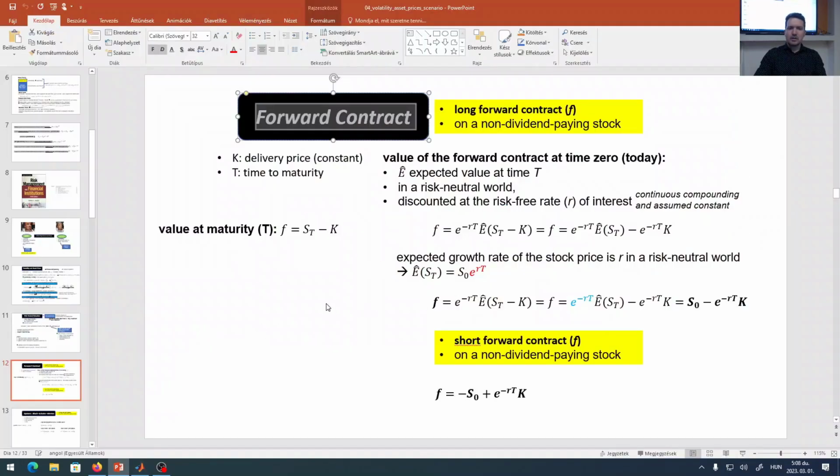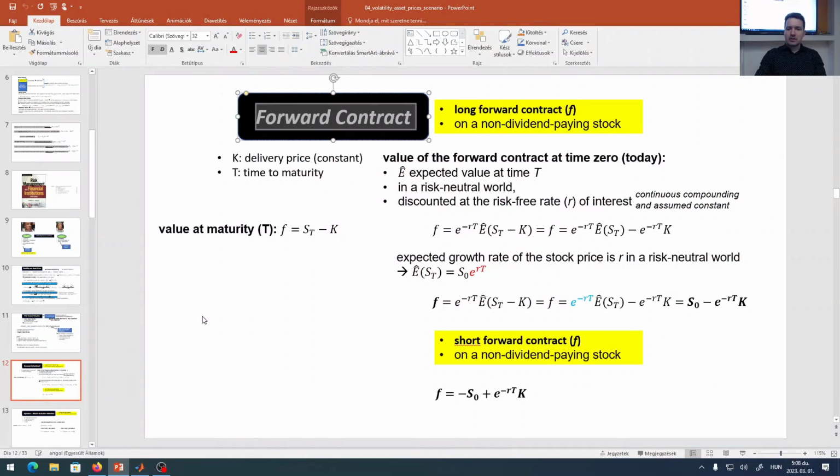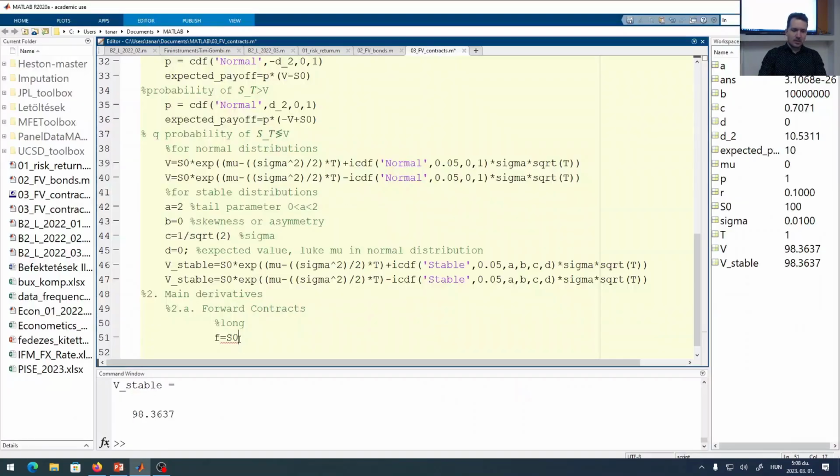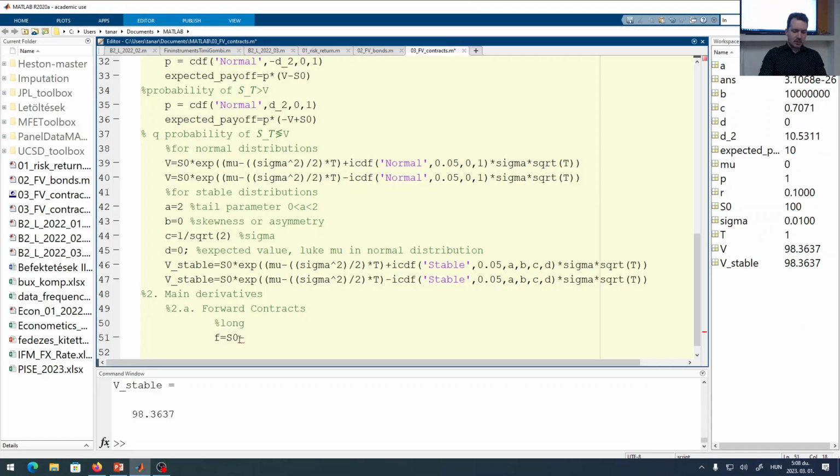So, forward contract for a long one: f equals (S0 minus k) multiplied by the exp, which is outside the bracket.